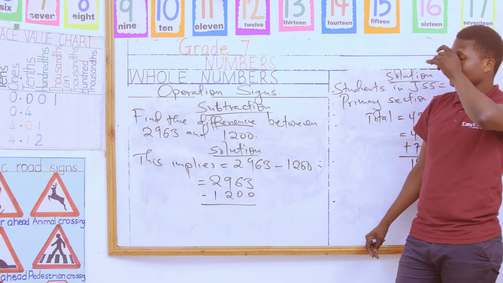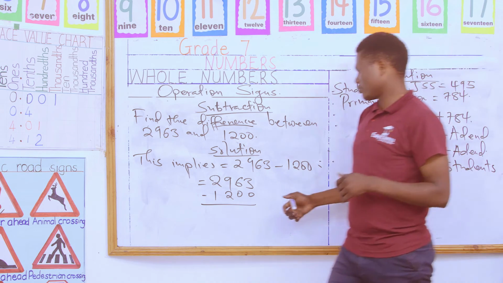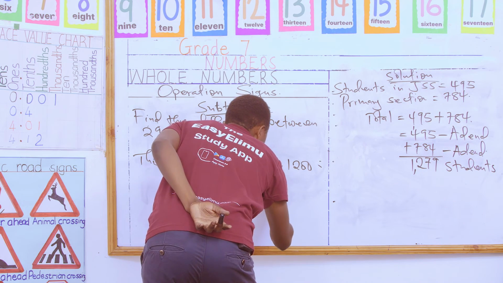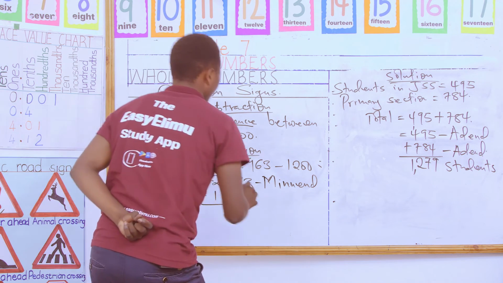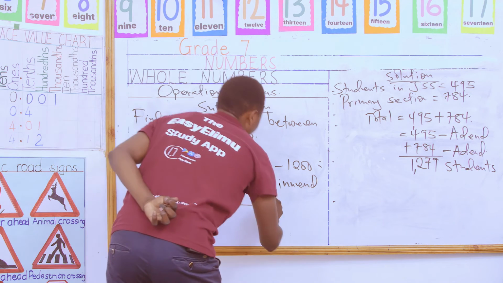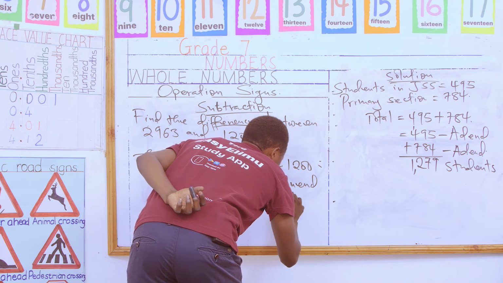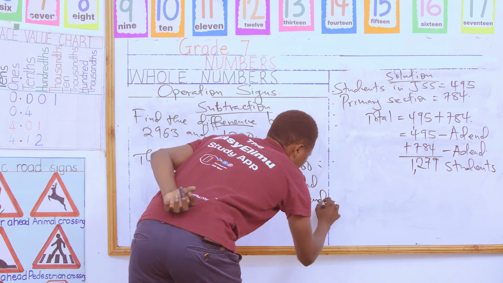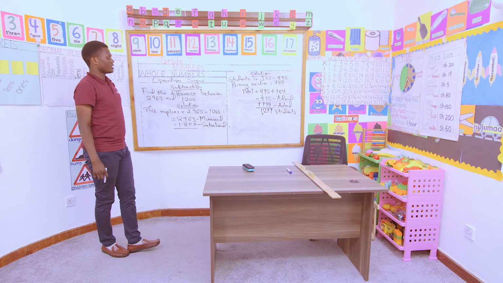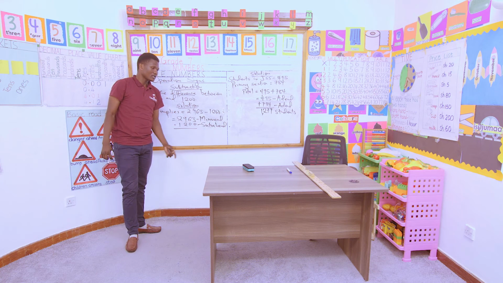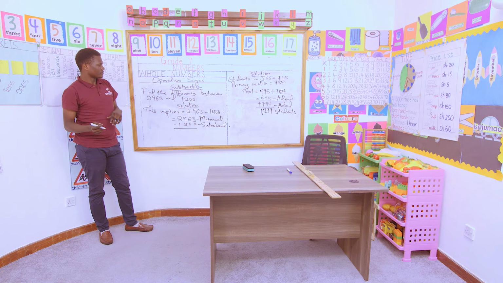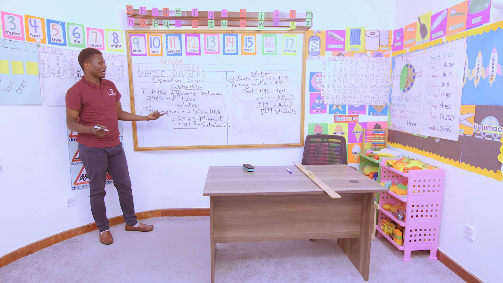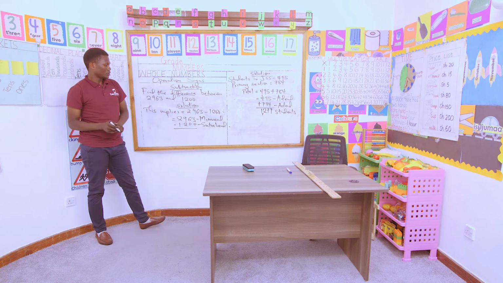Yes, John, can you try? Good. This one we can call the minuend, and this one we can call the subtrahend. The examiners seldom use such words, but you need to appreciate them, because they can ask what is the difference between the minuend and the subtrahend. Unless you know what they mean, you won't be able to tackle such a question.